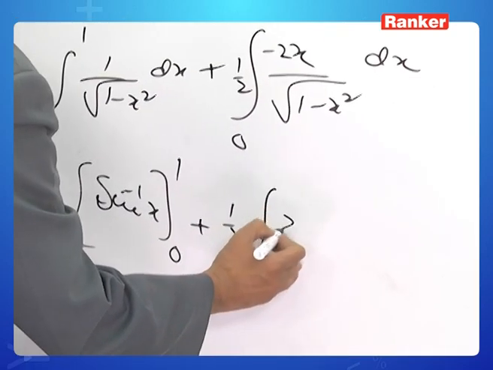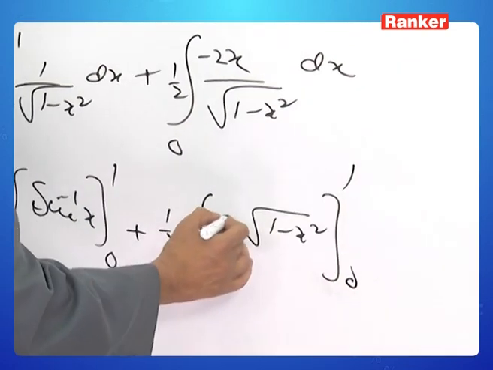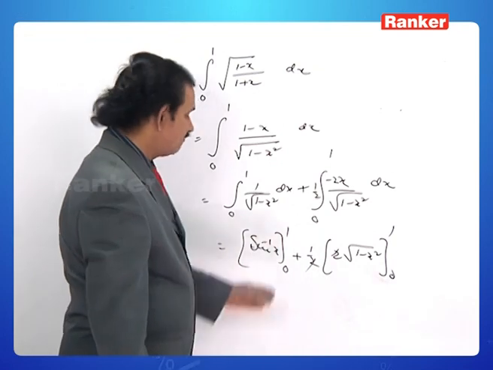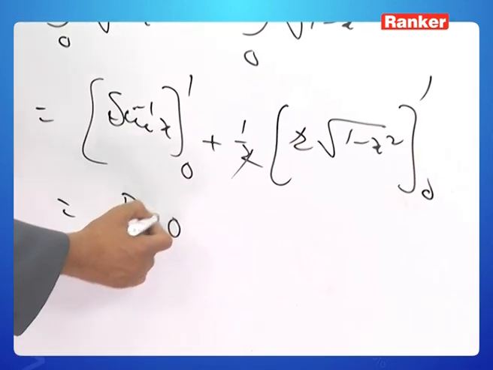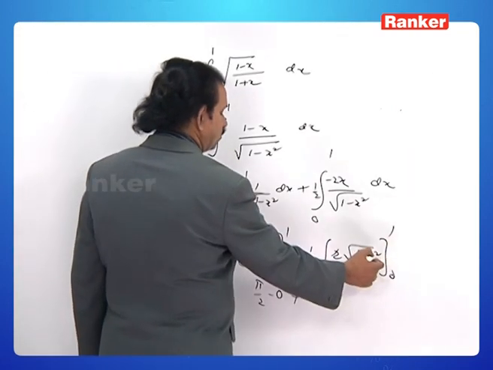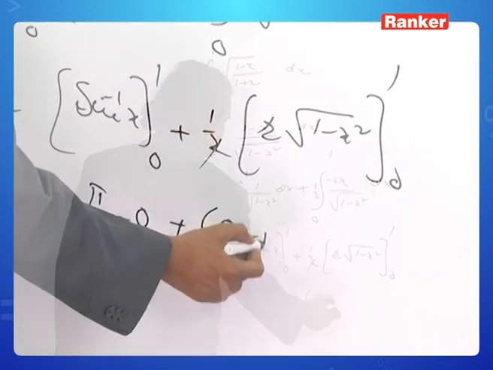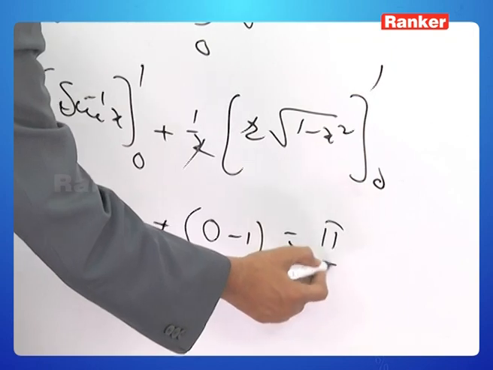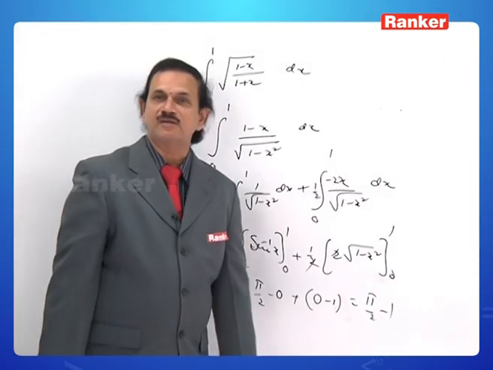That is minus 2 into root of 1 minus x square between the limits 0 and 1. Sin inverse 1 is pi by 2, sin inverse 0 is 0. Plus, if you put 1, it is 0, and if you put 0, it is 1. So altogether the answer is pi by 2 minus 1. It is one of the standard problems.